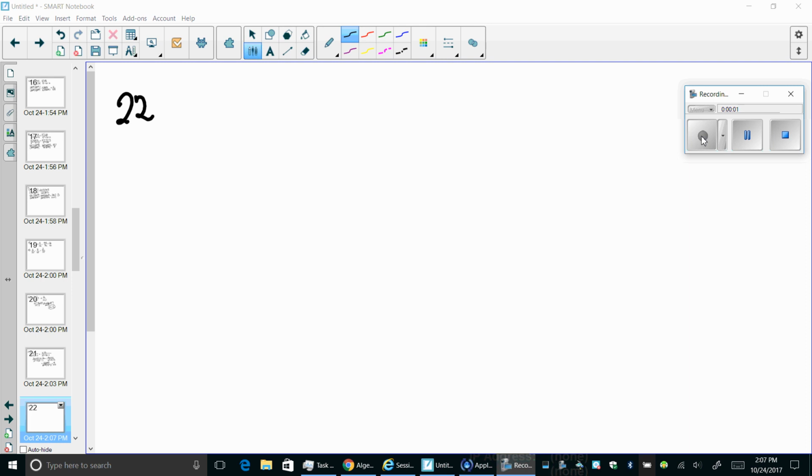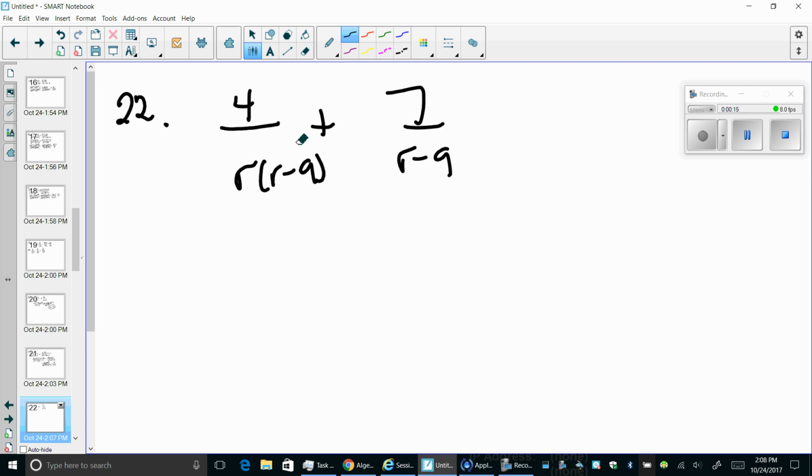For 22 through the rest of them, we are adding and subtracting, and they do not have the same denominator. So 22 is 4 over r plus 7 over r minus 9. This first rational expression is going to need an r minus 9, and the second rational expression is going to need an r. So I put one on the bottom and the top.